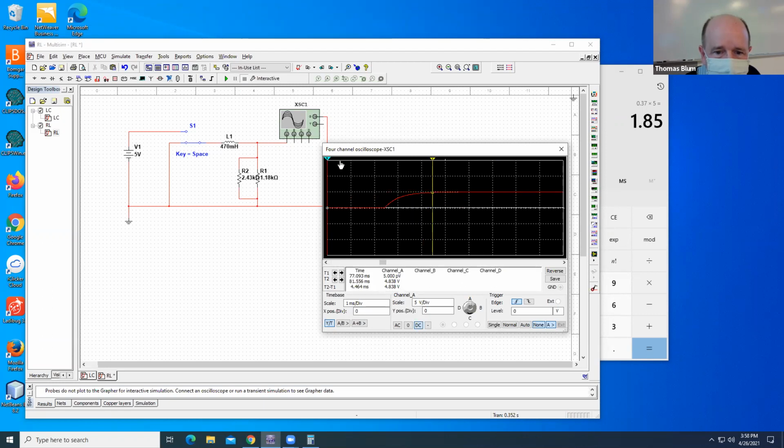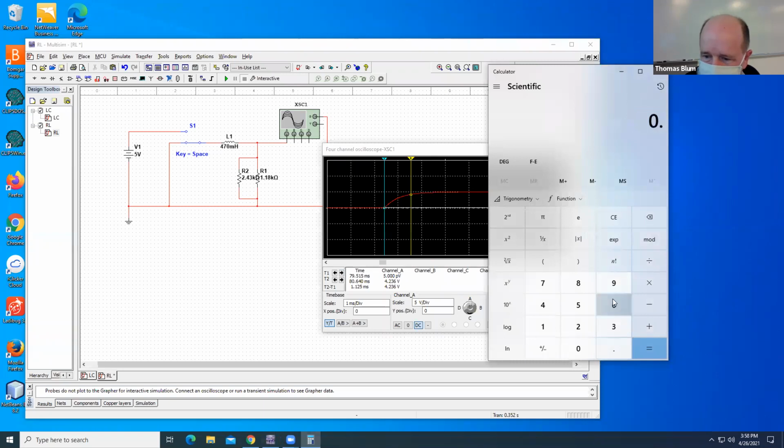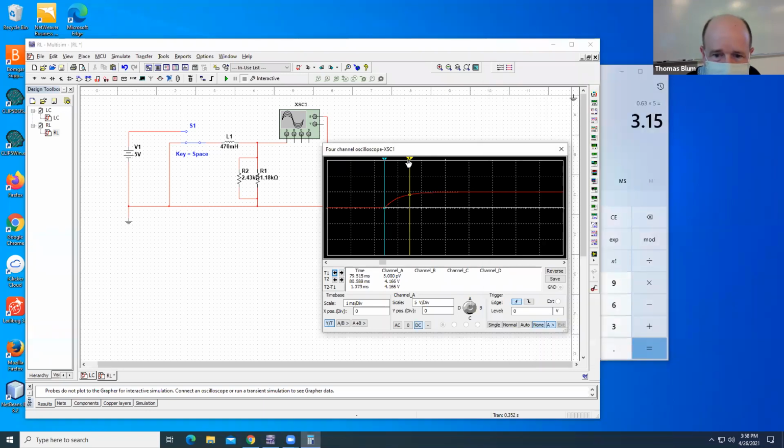It was find the corner, and going up it was 315, right? 0.63 times 5 is 3.15. So here I'm getting 605 microseconds.